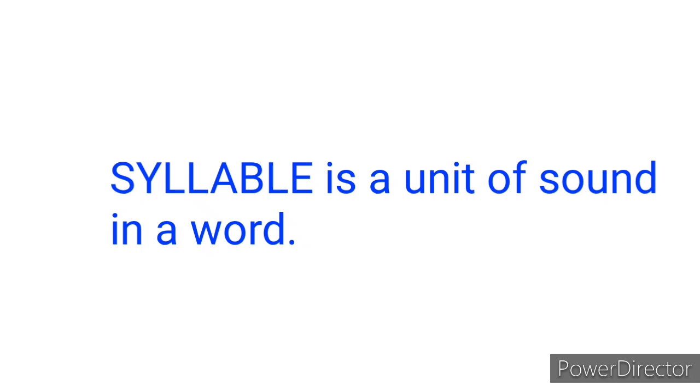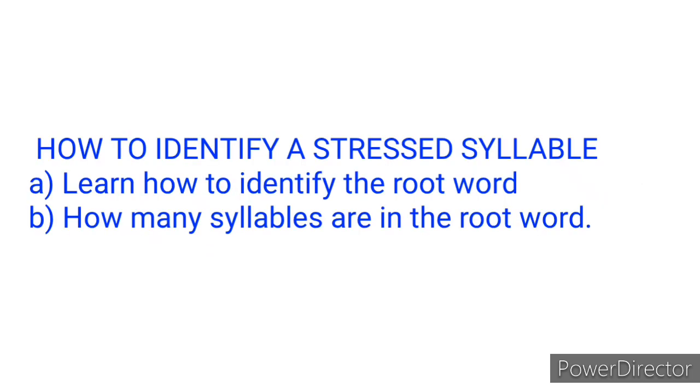Now, to understand how to identify the syllable with the primary stress in a word, the first thing you should do is to understand how to identify the root word of every word. The root word is that part of a word that forms the basis of other words by adding suffixes and prefixes to it. For example, the word understanding has its root word as understand.